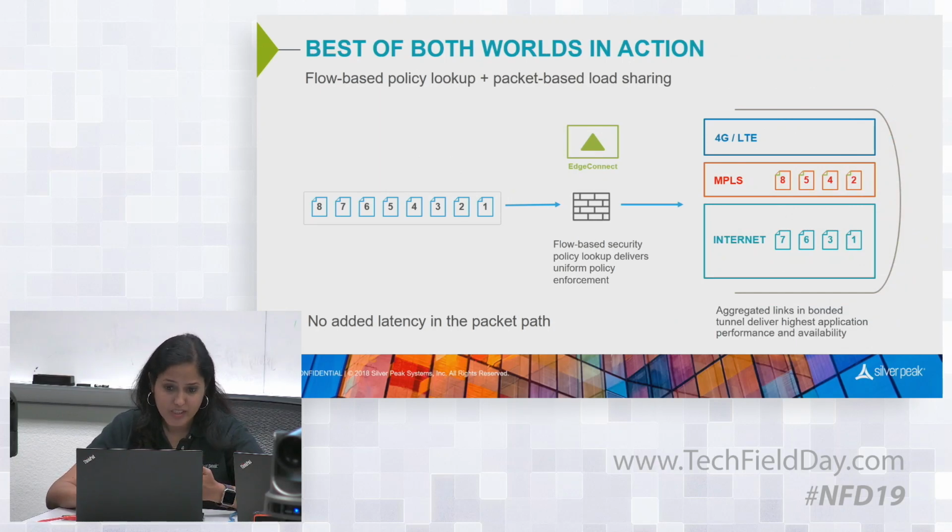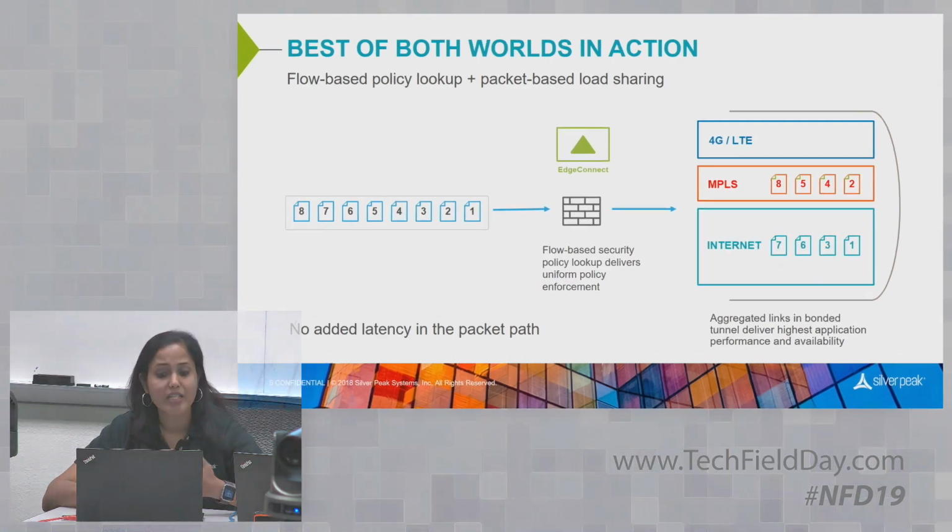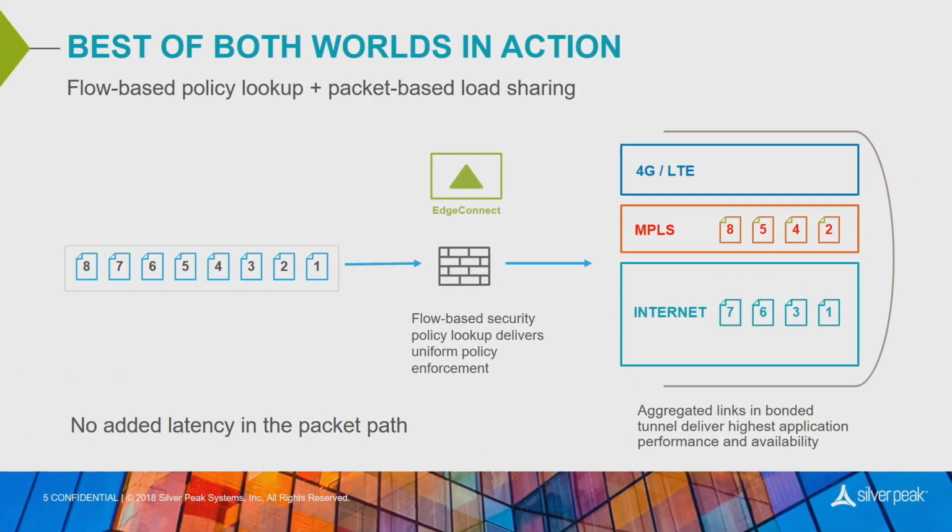Damon talked about all our SD-WAN features, the fact that we do per packet load balancing for application performance and availability. Along with all the SD-WAN capability, what we also do is flow-based security policy lookup. And like Damon talked about, we do that on the first packet. We have first packet IQ to determine the application. The nice thing is that this is all integrated, which is why I call it best of both worlds in action.